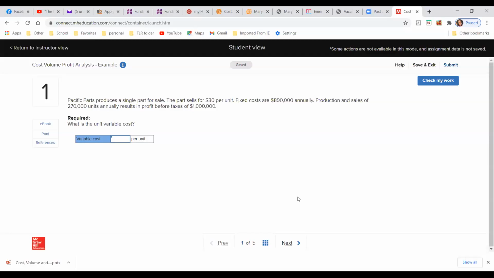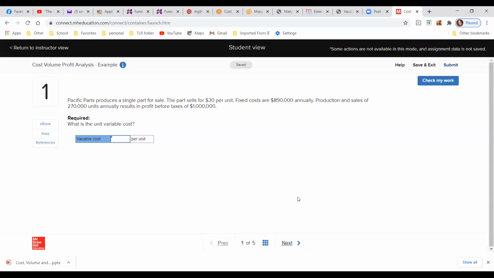All right. That being said, they produce one product for sale. The part sells for $30 a unit, and I'm writing this down. The sales price per unit is $30. Okay, so that's my SP. Then it says the fixed cost, my FC, is $890,000 annually.